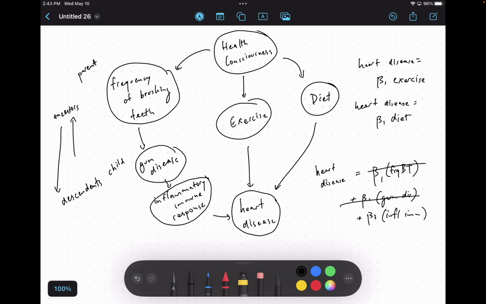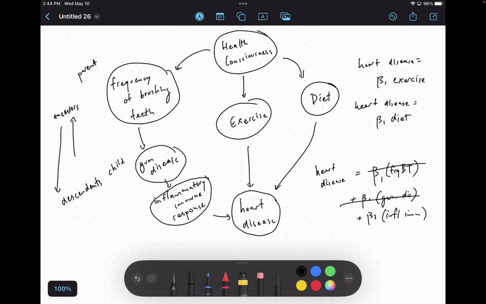So just think of the world like this. In this particular case, all of these things are related to each other. And so, let's say you have frequency of brushing teeth.